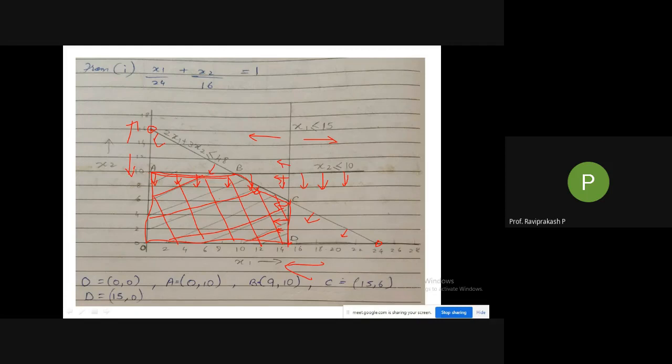So this line cuts the y-axis here at A, and this line, 2x1 plus 3x2 less than or equal to 48, and x2 less than or equal to 10 are cutting at B. And at C, x1 less than or equal to 15 and x2 less than or equal to 10 are cutting. Then D, where x1 less than or equal to 15 and the x-axis are cutting. So these are the 4 points, A, B, C and D.